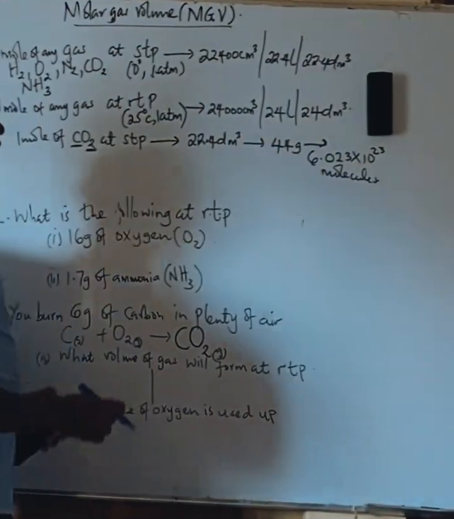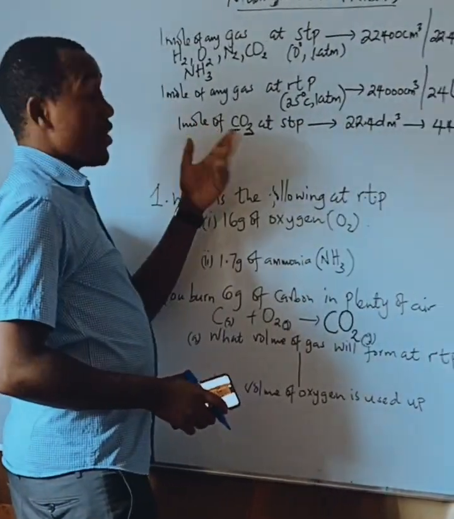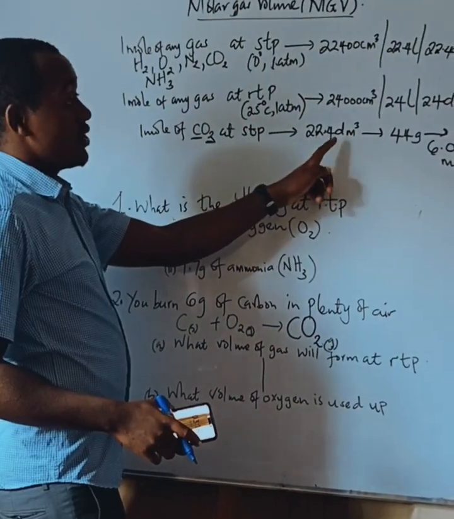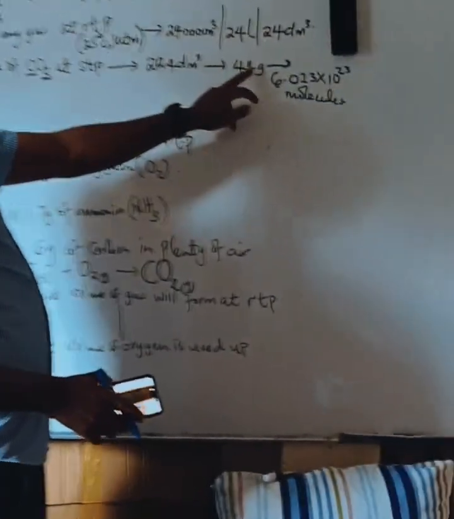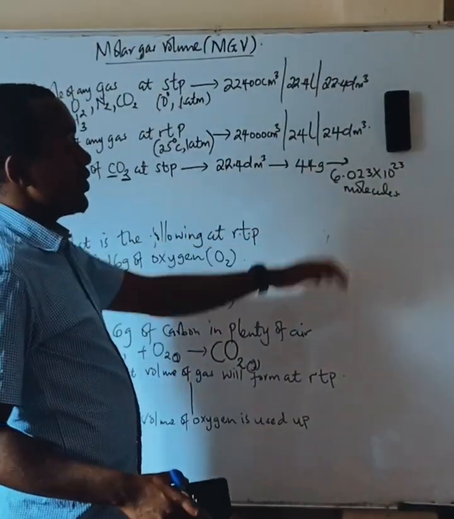So this is the relationship of moles. 1 mole occupies 22.4 dm cubic at STP. It has a mass of 44 grams, and the molecules present are those.